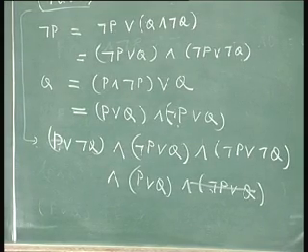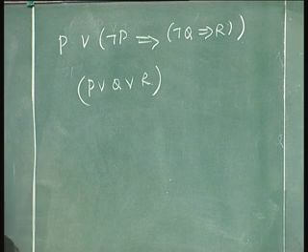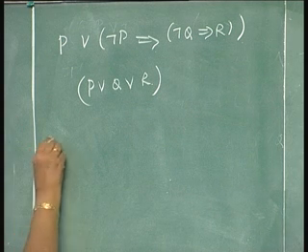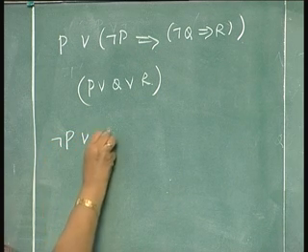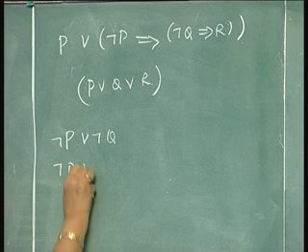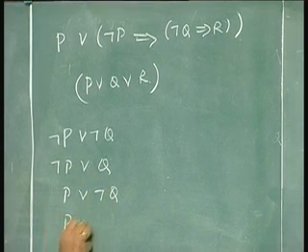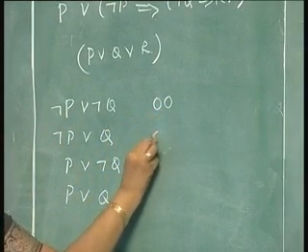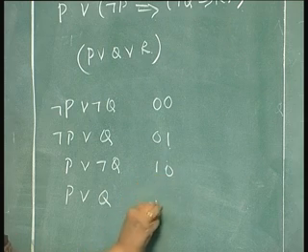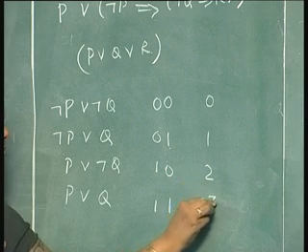Now the notation for that is, a principal conjunctive normal form is a product of max terms. So with 2 variables I have the max terms like not P or not Q, not P or Q, P or not Q, P or Q, and this you can represent in binary like 0 0, 0 1, 1 0, 1 1, representing the numbers from 0 to 3.